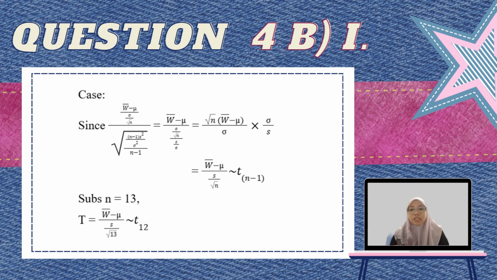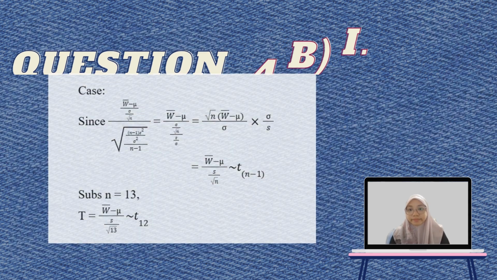Since n equals 13, we substitute 13 into the equation and get the capital T equals W bar minus mu over S divided by square root of 13 follows a T distribution with 12 degrees of freedom, which proves the statement.